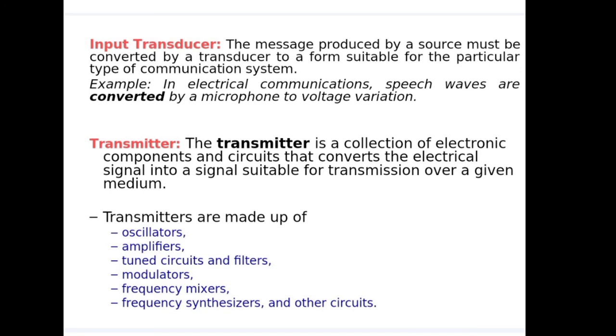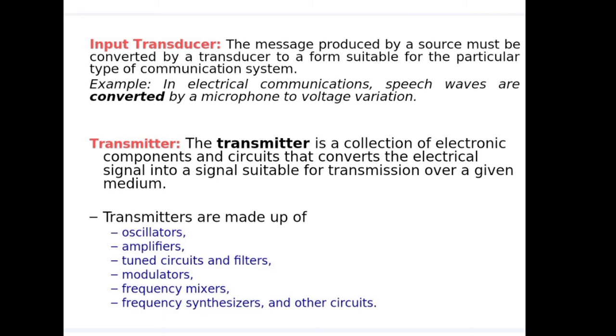What are the concepts behind these elements? First one, input transducer. The message produced by a source must be converted by a transducer to a form suitable for the particular type of communication. For example, in electrical communication, speech waves are converted by a microphone to voltage variation.